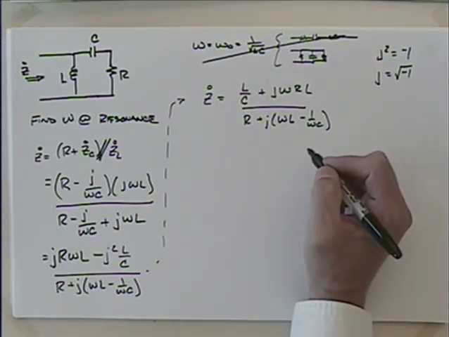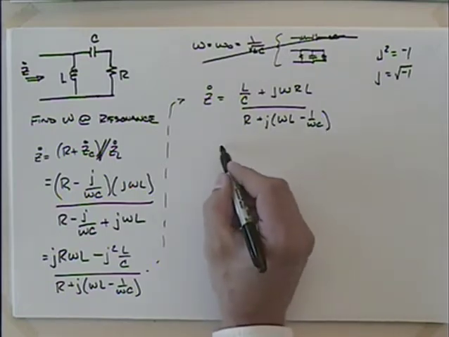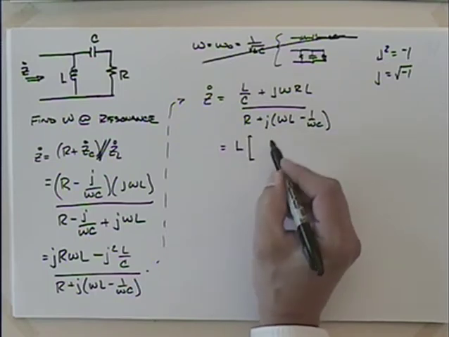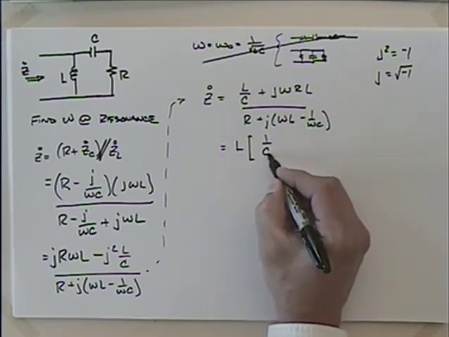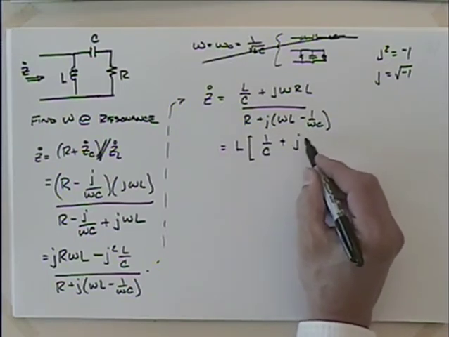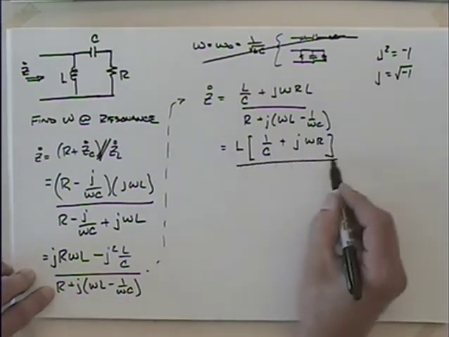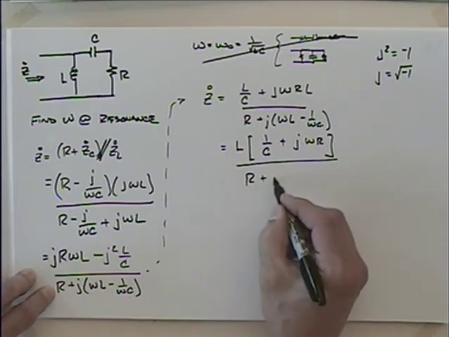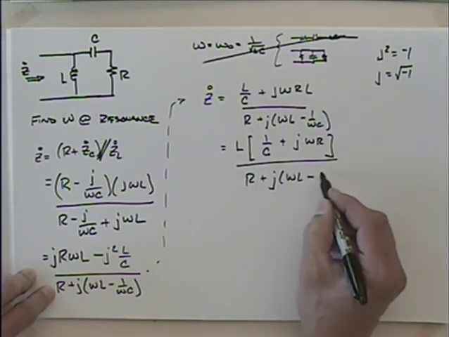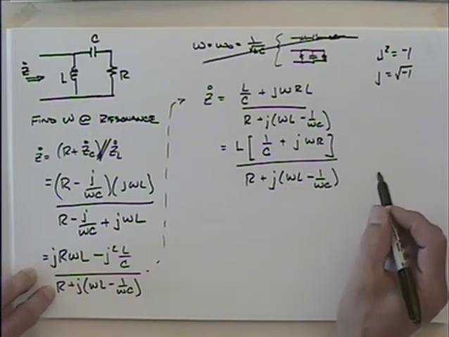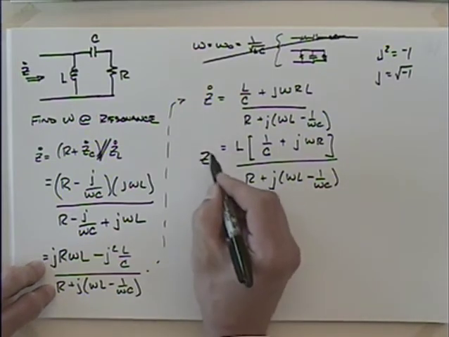I think I could get the factor of L out. So I'll say that I have L times 1 over C plus j omega R divided by R plus j omega L minus 1 over omega C. So that's not bad. That's our expression for Z.